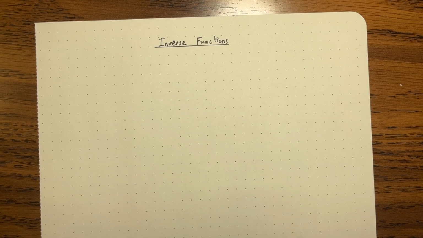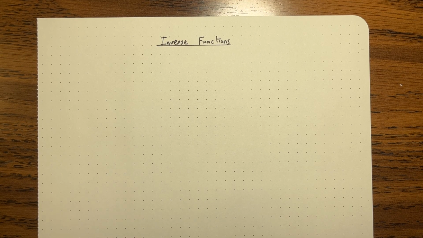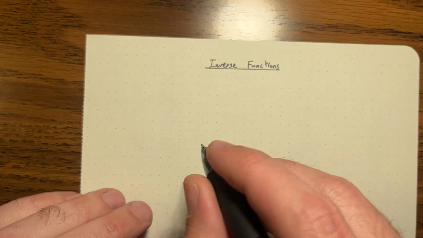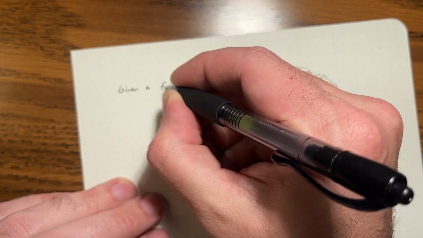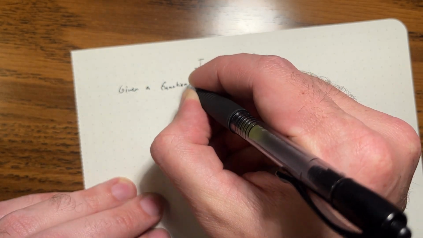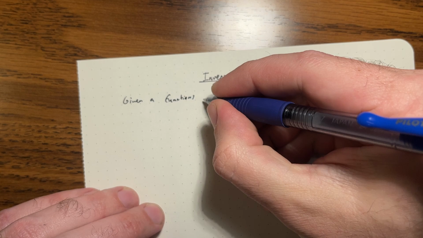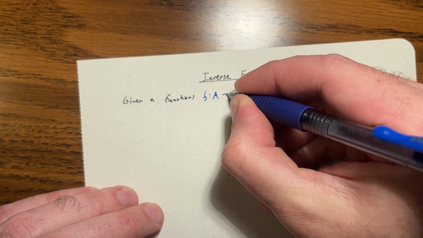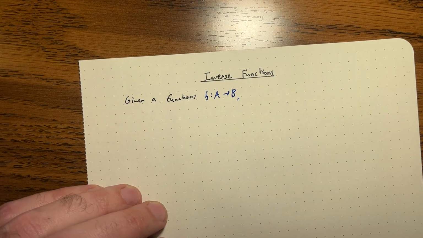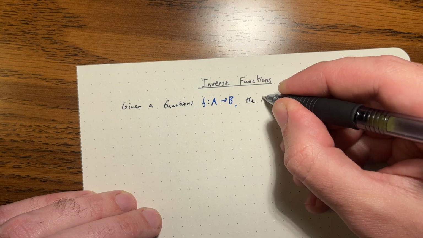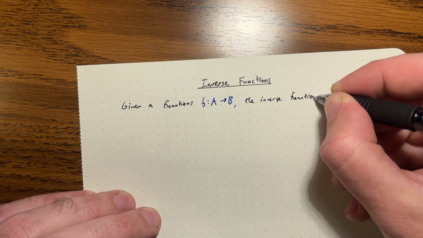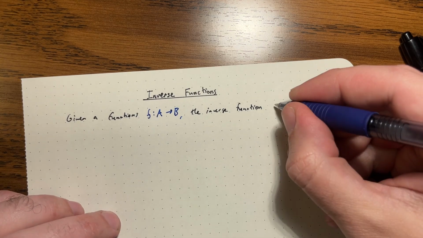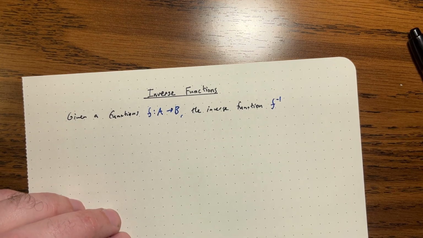In this video, we'll discuss the idea of an inverse function. Essentially, this is when you want to do a function in reverse. So, given a function, let's just say f from A to B, two sets, the inverse function, and the notation we use for inverse function is f^-1.